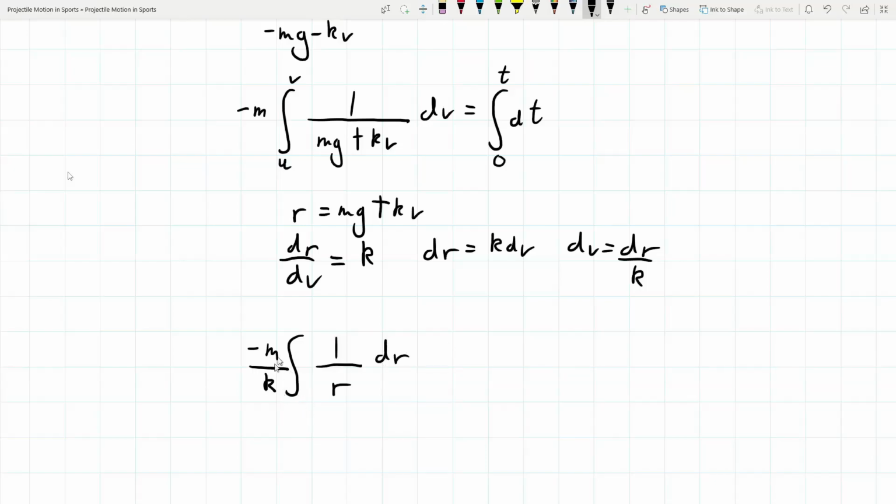Okay, and then the limits of integration: we replace the v's with r's, and we get mg plus kv, the same as it was, and the bottom one is going to be mg plus ku, because we're just replacing the v in the r equation with our limits to find out what they are in terms of r. The integral of dt is just t, evaluated from 0 to t.